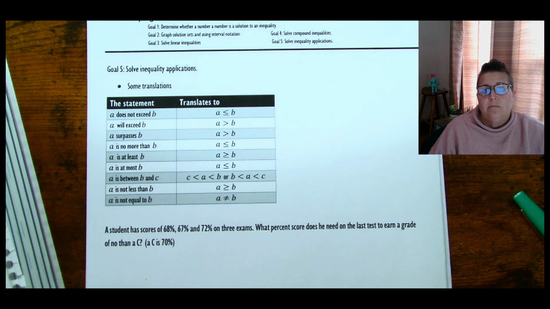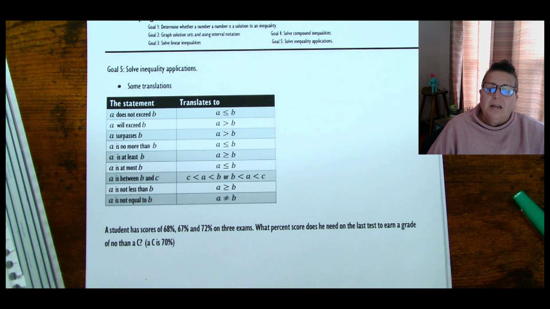Is at least B is a way of saying that A is the starting point, but everything bigger works. So A is at least B means A is bigger than or equal to B. A is at most B means B is the limit and A will be less than or equal to B. A is between B and C means that C would be less than A, which would be less than B, or the other way around, B would be less than A, which would be less than C. A is not less than B means it could be greater than and it could be equal to.